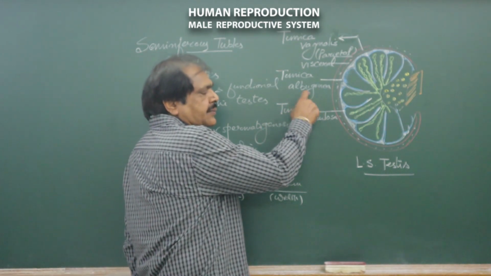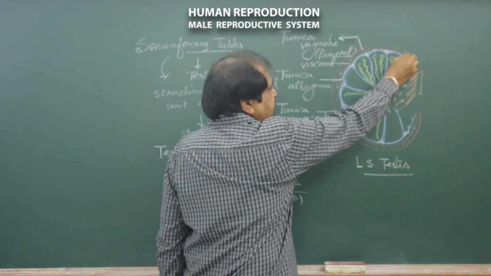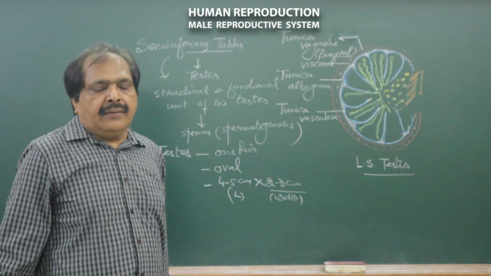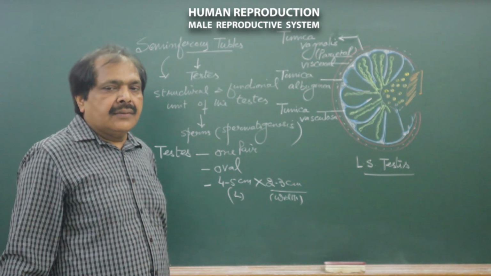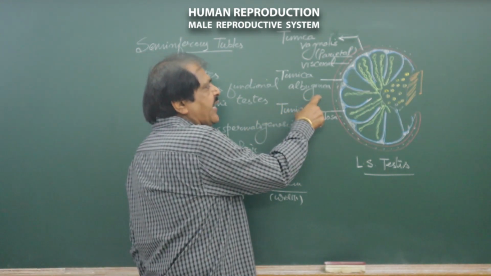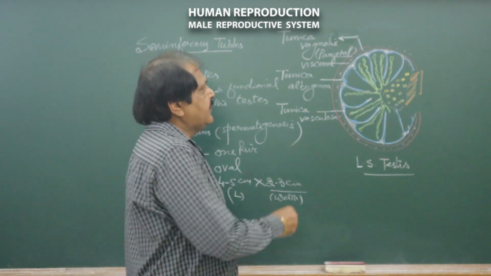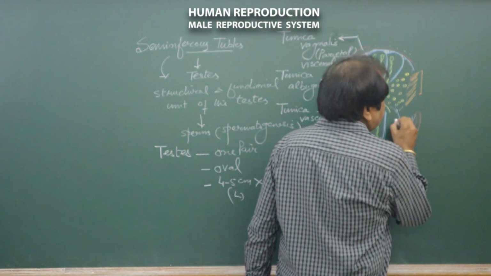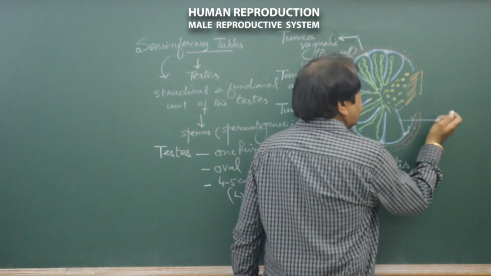Now at certain places, here, here, here, the tunica albuginea invaginates. The invaginations of the tunica albuginea are called testicular septum.